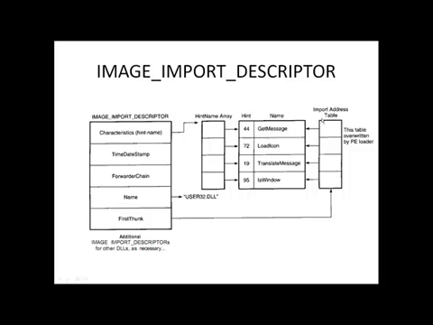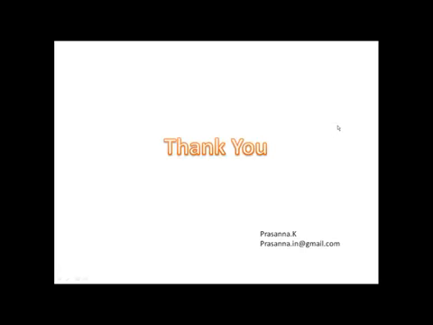So for our work also, we are going to work with this import address table. For the hook that we're going to place, we're going to change the address represented in the import address table with our own function, so that when a user calls the functionality and it jumps to the import address table, it will in turn be made to jump to our function.